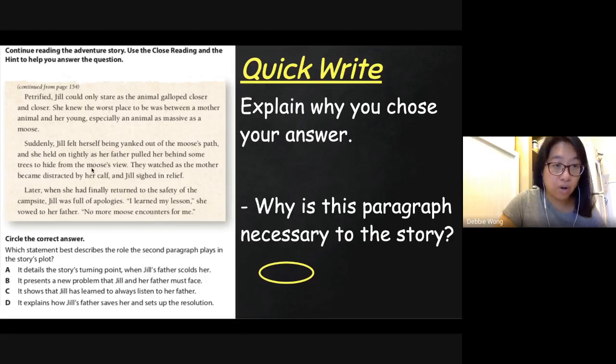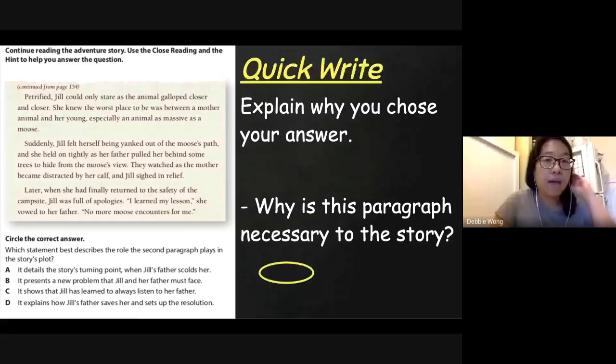Okay, so I know that Jill was in danger. And why was she in danger? It says that Jill could only stare at the animal galloped closer and closer. So she was petrified, she was scared, it was approaching her. And when a young one is being threatened, the mother is going to try to retaliate, which is attack back.